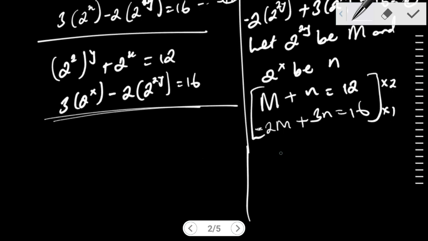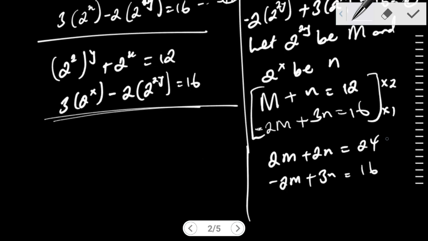Therefore, this would be 2m plus 2n equals 24, and then negative 2m plus 3n equals 16. Applying an appropriate sign, this would be addition.